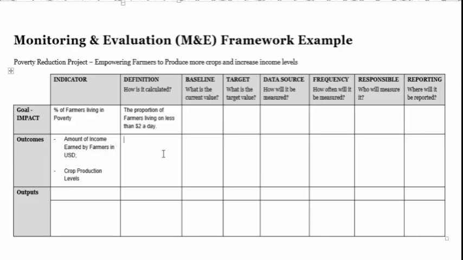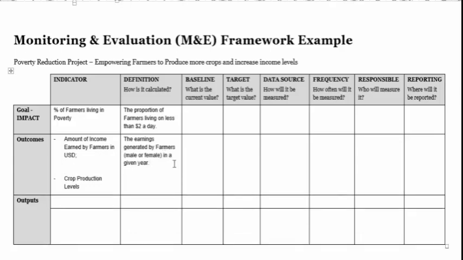From here, we set our targets for 2029. Reduce the percentage of farmers living in poverty to 25%, a 20% reduction. Increase the average annual income of farmers to $2,500. Raise total crop production to 5,000 tons. The next question is, how will we measure progress?